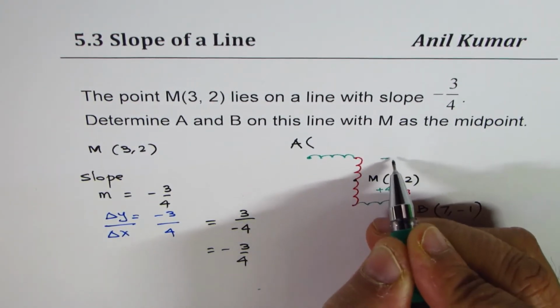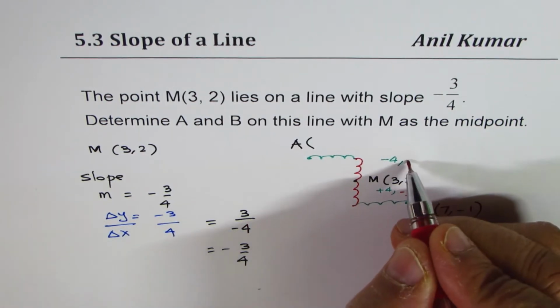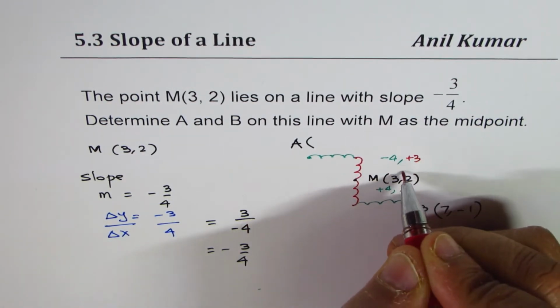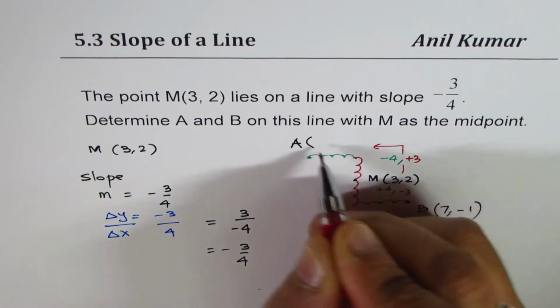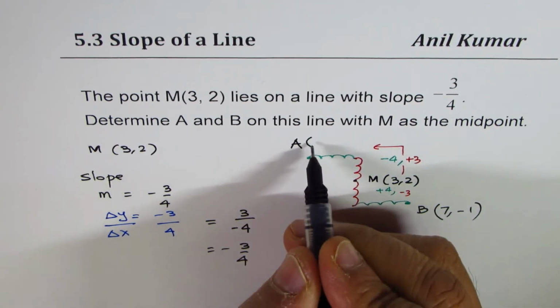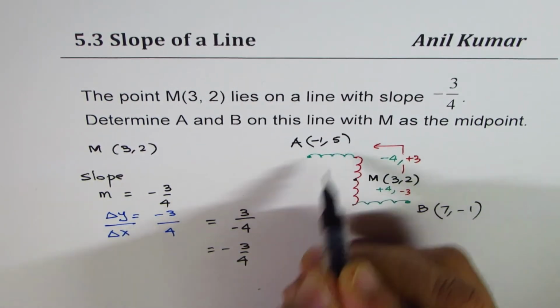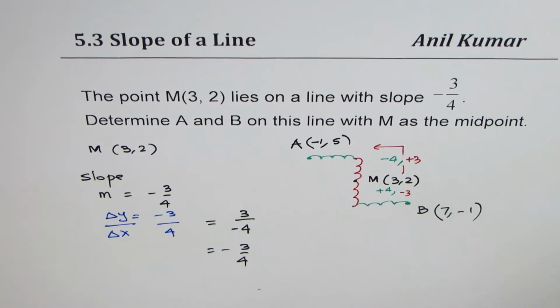As far as the y value is concerned, we increased it by 3. So what should be A? A will be 3 minus 4, which is minus 1, and 2 plus 3, which is 5. So A will be (minus 1, 5) for us.